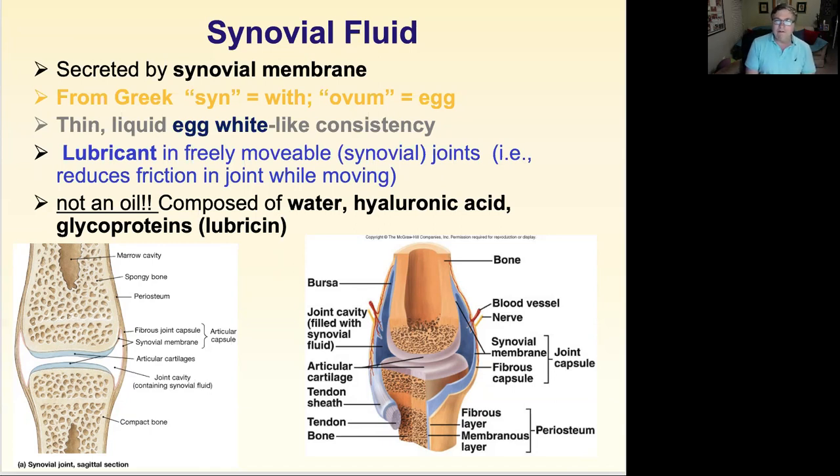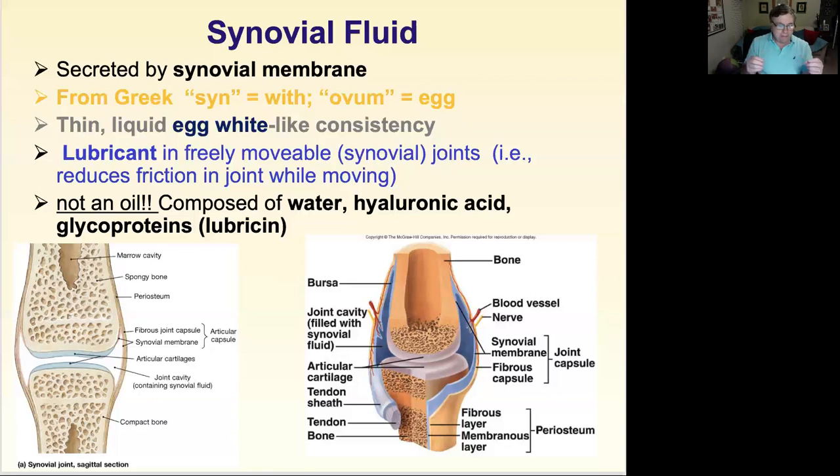Because they involve damage to the articular cartilage, it means that synovial fluid, in a sense, is involved. It's not a cause of the disease, but because it's released by the synovial membrane, it helps to produce lubrication in joints. It's absolutely critical.